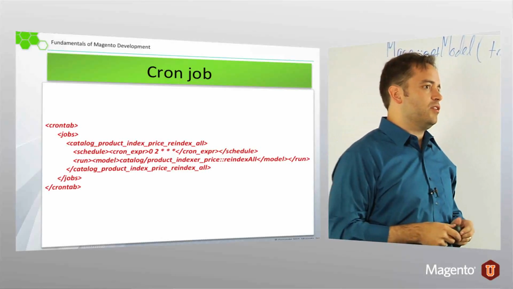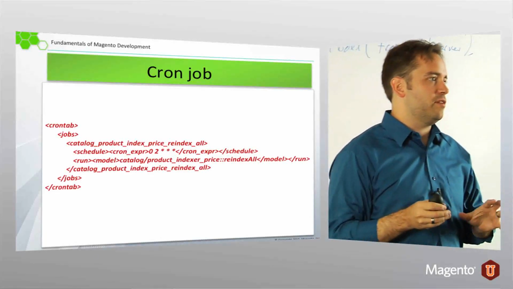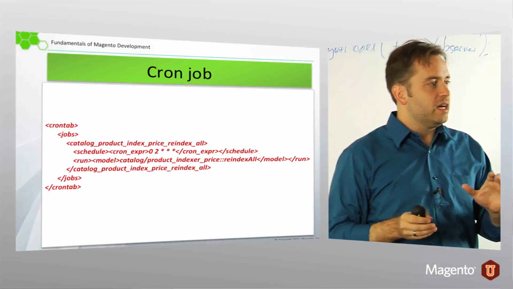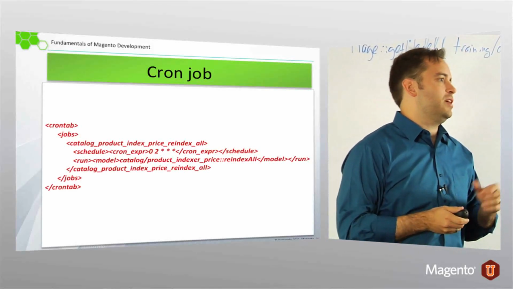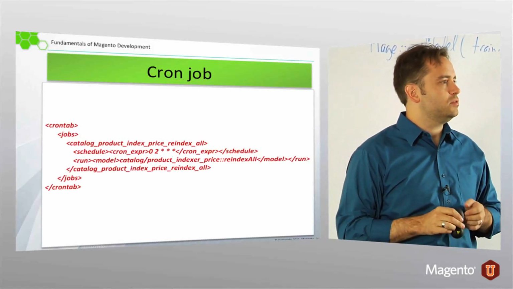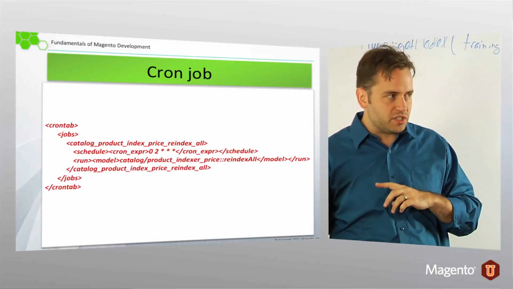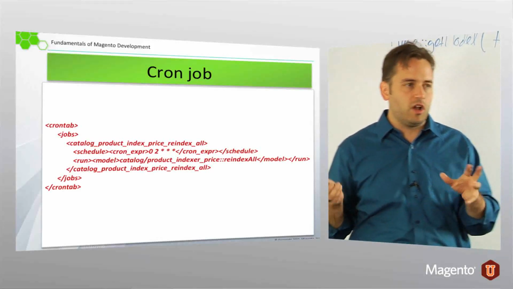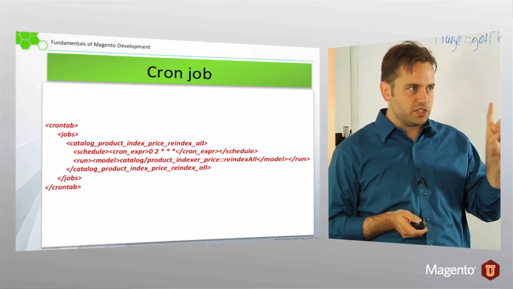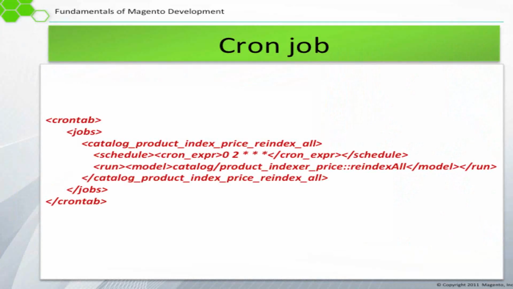And all these jobs, their states and their history, end up in a database table, a cron scheduled, I believe. So it can be a bit of a misnomer to see cron job here and to see cron job out in Magento, because there's really just the one cron script that needs to be hit, and then internally it just uses the settings that you've configured to evaluate this cron expression to determine whether or not it should schedule the job.